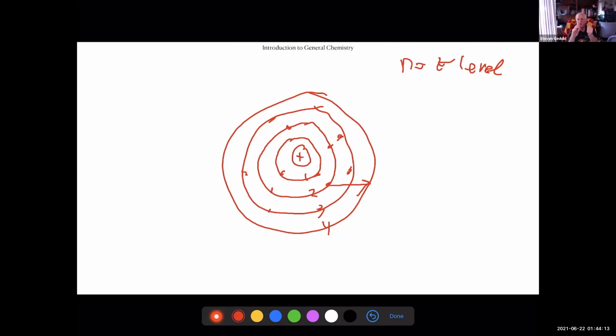They're being held together. So it takes energy to move them apart because they're being pulled together, right? Opposite charges attract. Now, once that energy is used and it's gone, what's going to happen to this electron that's out here? It's going to fall back down to its original energy level. When it falls back down, it releases a photon of light.